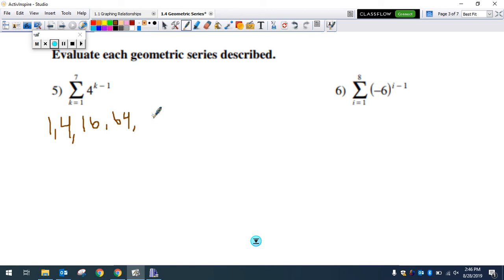When I plugged in a 5, I would get 256. When I plugged in the next one, I would get 1024. Sorry, it's really hard to write on these things. Next would be 4096. So I have 1, 2, 3, 4, 5, 6, 7 terms.